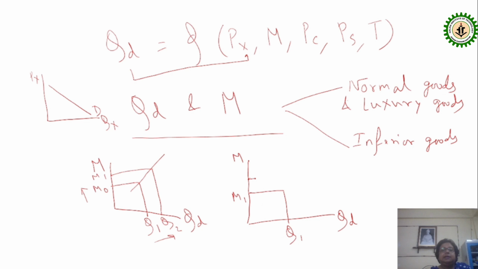If my income increases from M1 to M2, I am purchasing less of that particular commodity. So what I am getting is again a relation, not a demand curve.